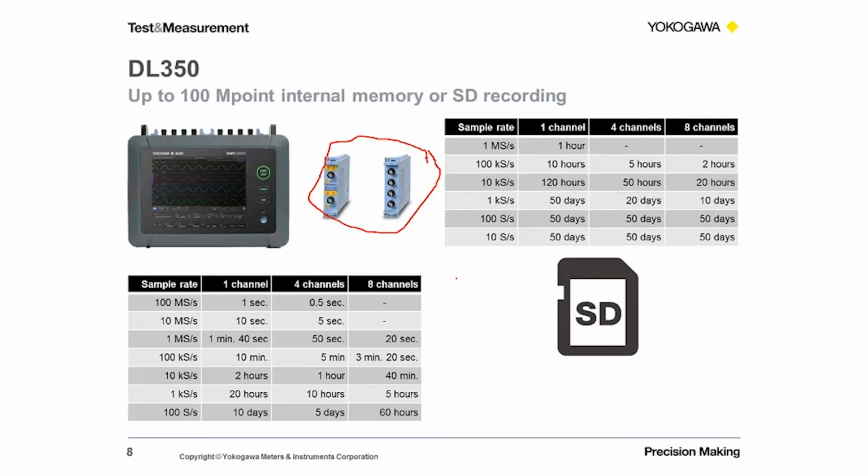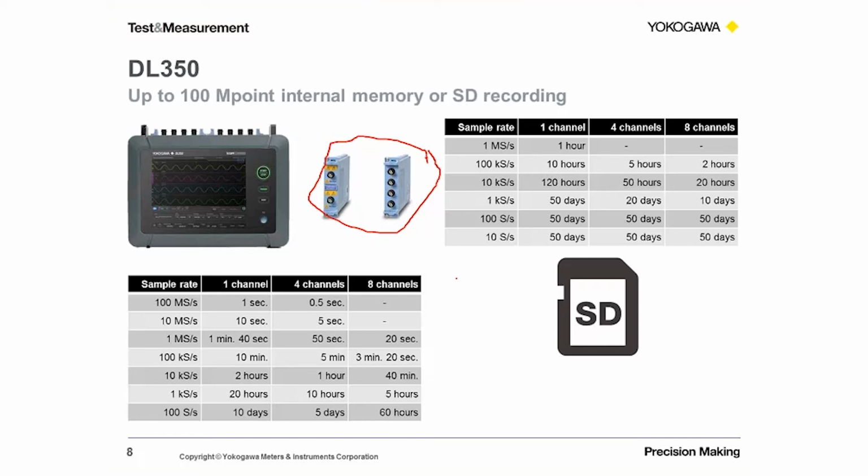And so you can see, therefore, that also is the published specification. For 8-channel recording, we can save for 50 days and be sampling data at 100 samples per second. And this can be 16-bit resolution.